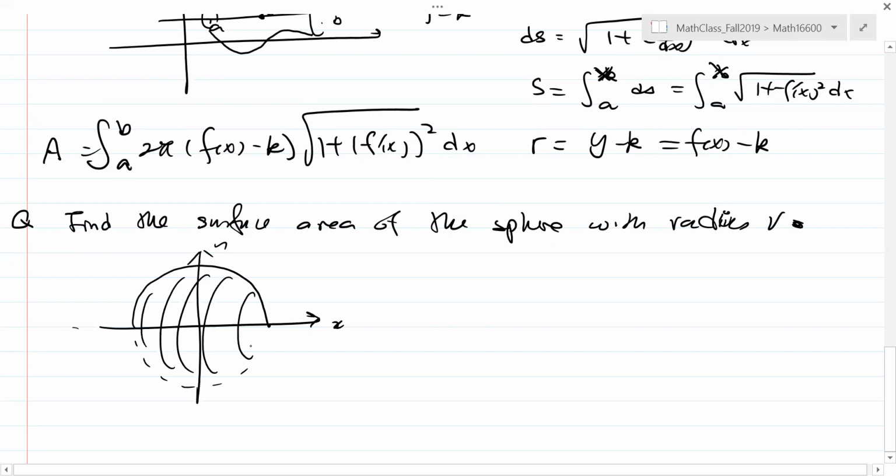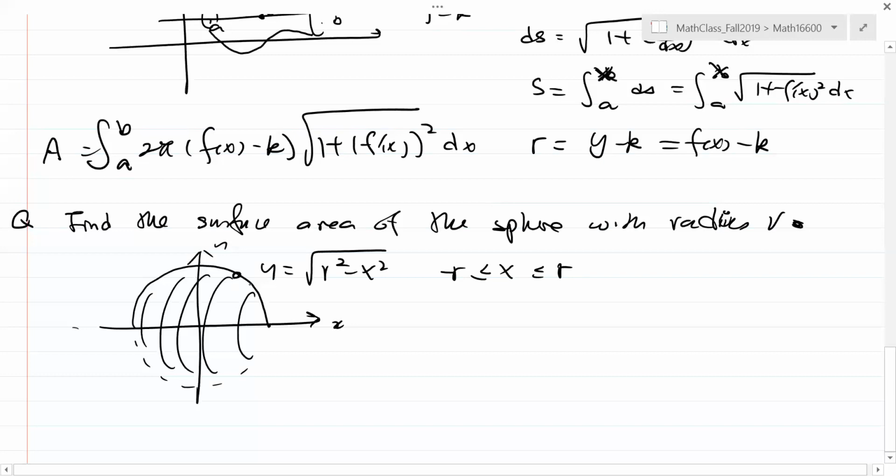So then the semicircle is going to be given by this. This is a notation about the x-axis.